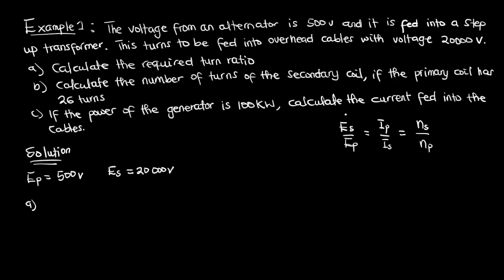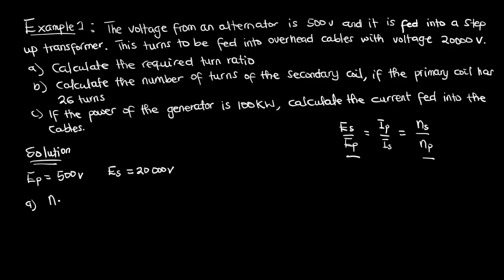So we can use any of these to calculate the required turn ratio. In this case, since we have the voltages given to us, and the turn ratio, Ns over Np, is what we are supposed to find, we can equate these and find our turn ratio.